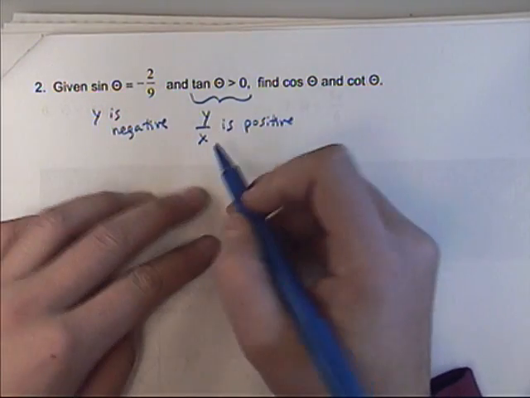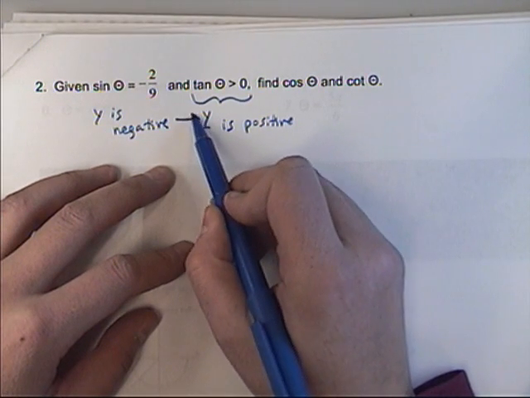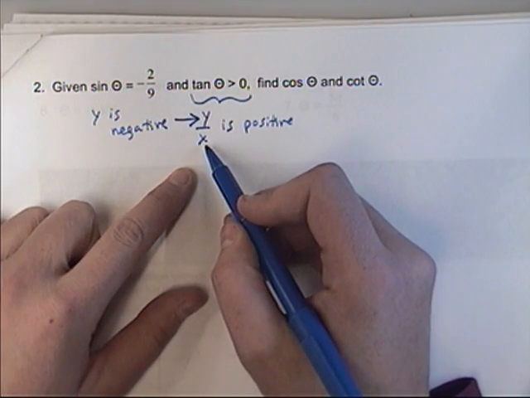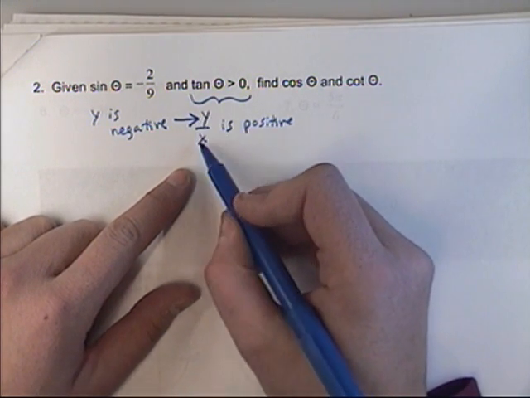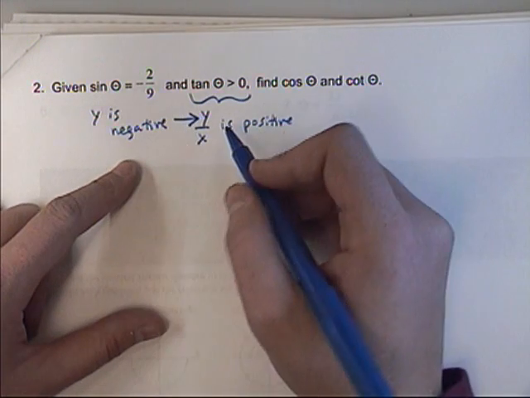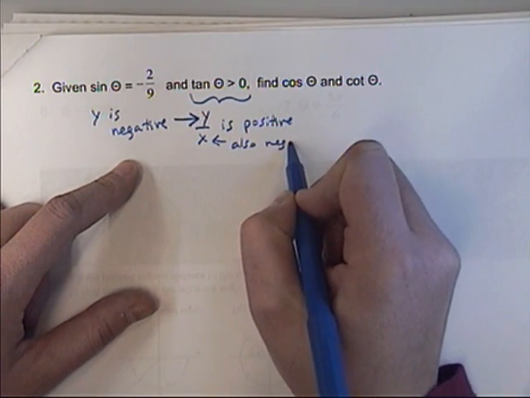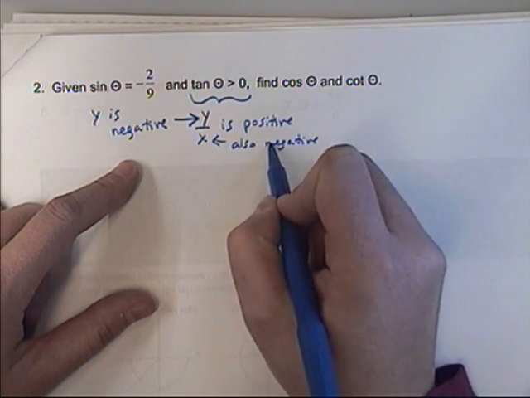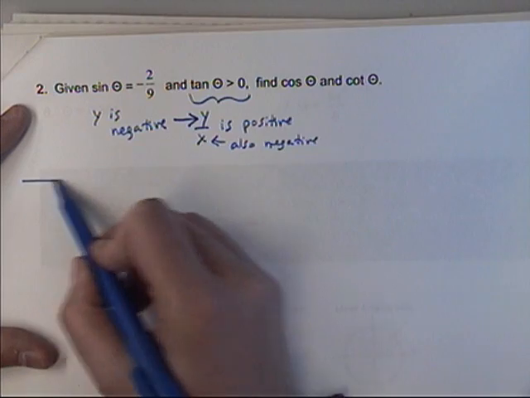So if y over x is positive and the top number y is negative, then what would the bottom have to be? Well, the x would also have to be negative, because you'd have a negative over a negative. The negatives would cancel, and then the whole fraction would be positive. So therefore, x is also negative. And so, if y is negative and x is negative, we are working in quadrant 3.